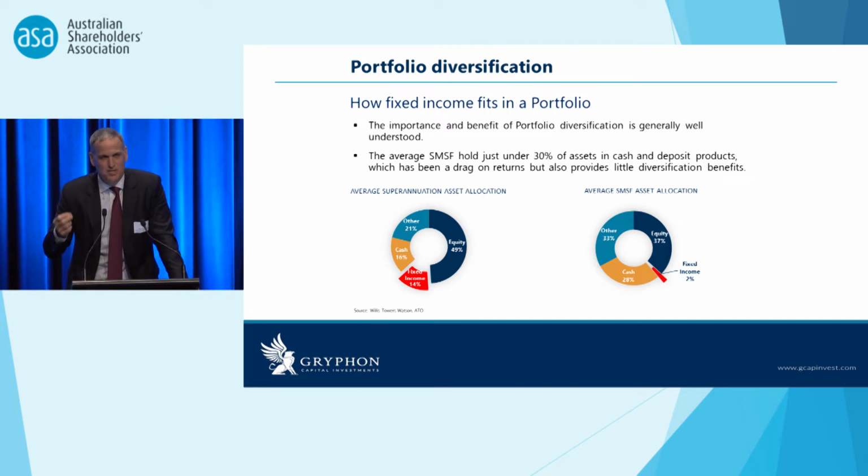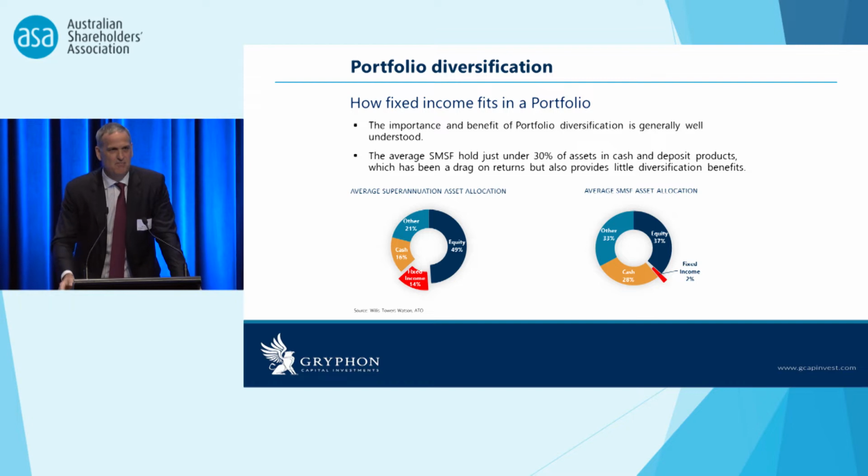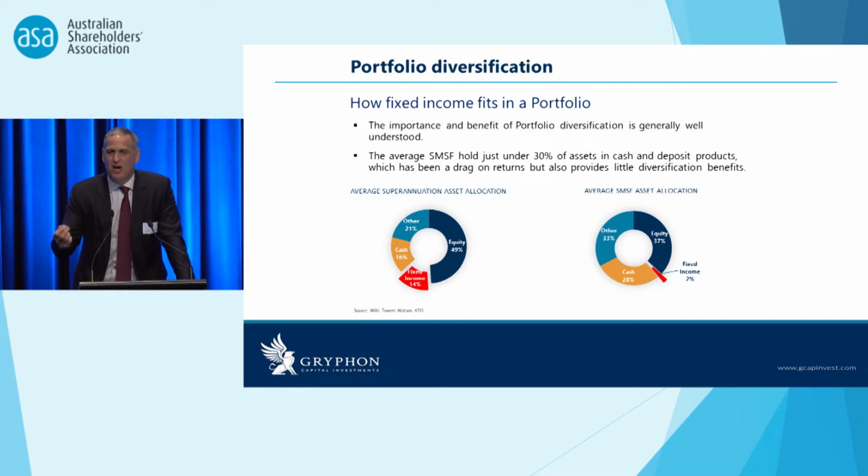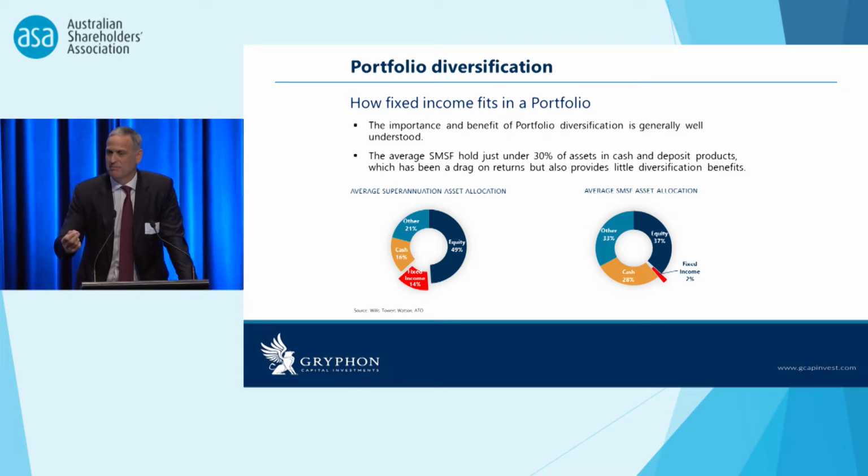So the question begs, why is the self-managed investor only 2% invested in fixed income? So when we've discussed it and talked to a lot of industry people, we believe that the reason is that the self-managed investor hasn't had the viable options to invest in the fixed income market.